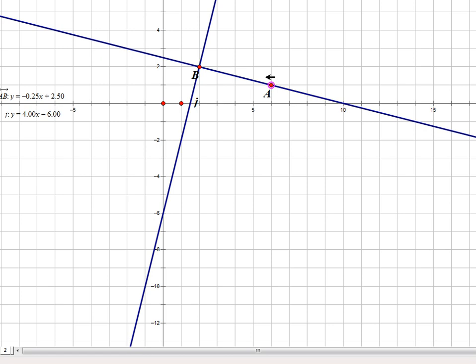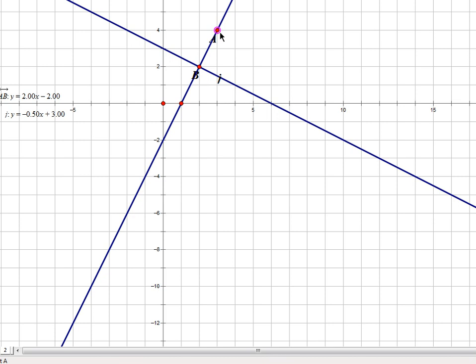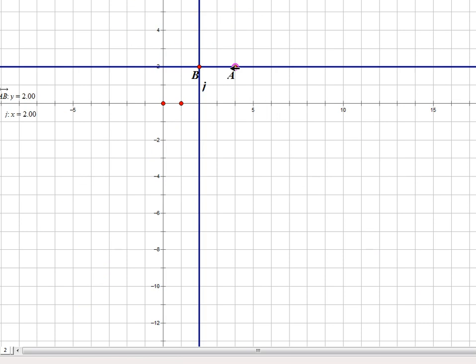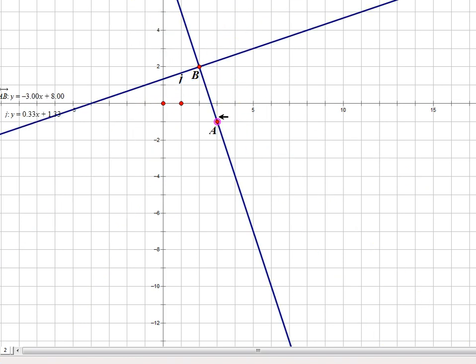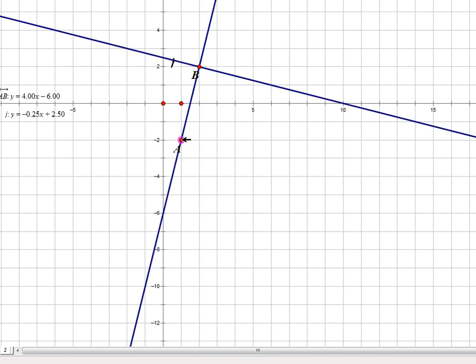If I have a slope of 2, then my other line has a slope of negative 1/2. If I have a slope of negative 1/2, then my other line will have a slope of positive 2. If I have a slope of negative 3, then my other line will have a slope of positive 1/3. If I have a slope of positive 4, then my other line will have a slope of negative 1/4. What's happening here?